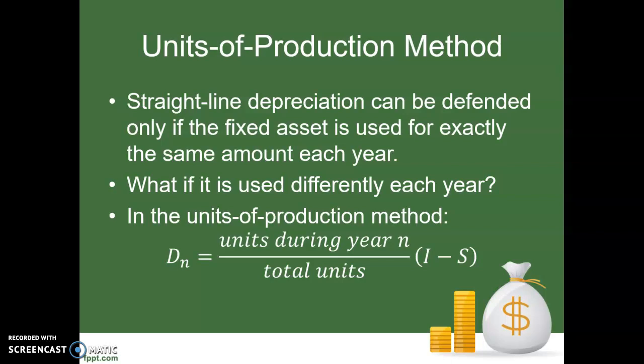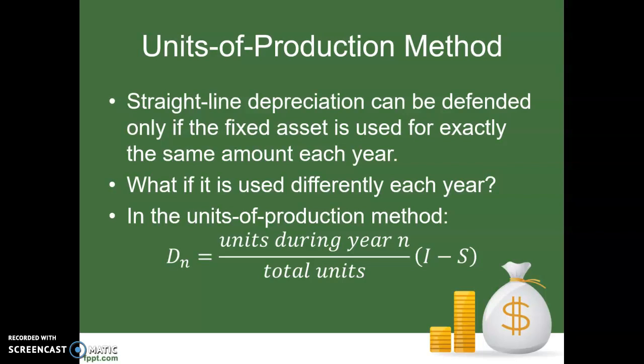And although that's mathematically simple and tidy, it may not be a great representation of the actual value of the asset over time. The double declining method might be a little bit more accurate to the actual market value of the asset, but it's a little bit more theoretical in its approach. Whereas this third method, the units of production method, is actually tied to a measurable quantity.